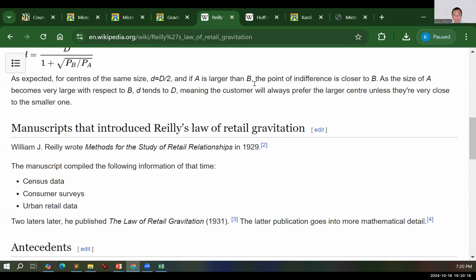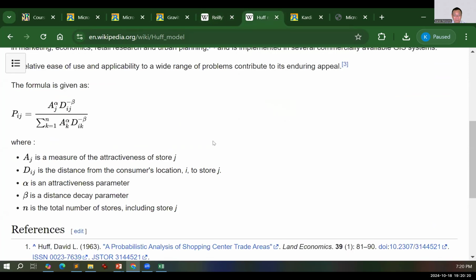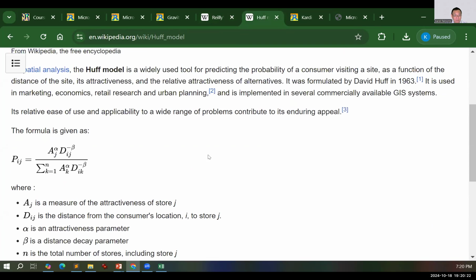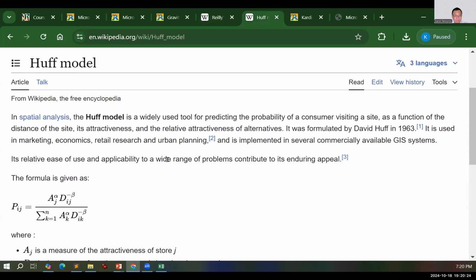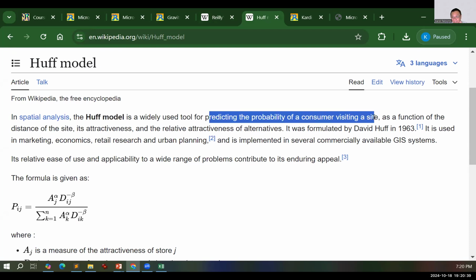The later model is similar to the gravity model also, proposed by Huff. You see? So instead of predicting the distance, now it predicts the probability that the customer will visit a certain site. Again, this is based on the gravity model.